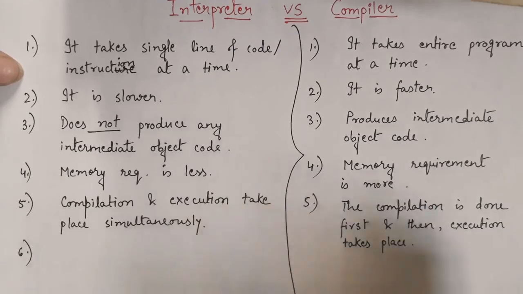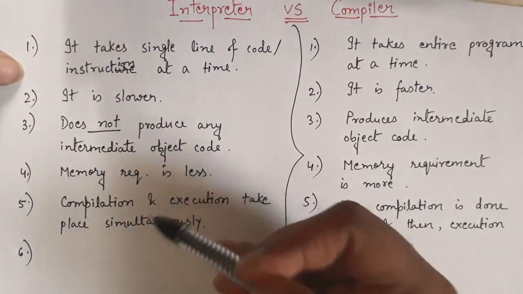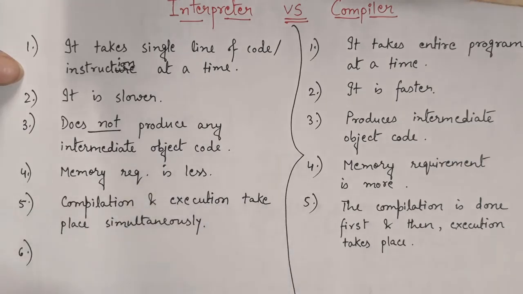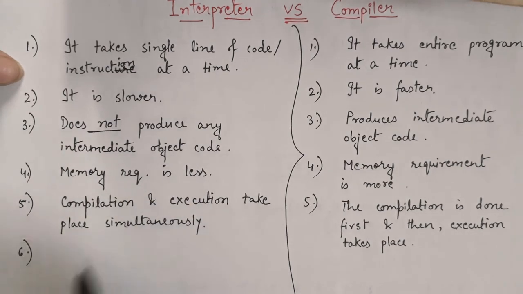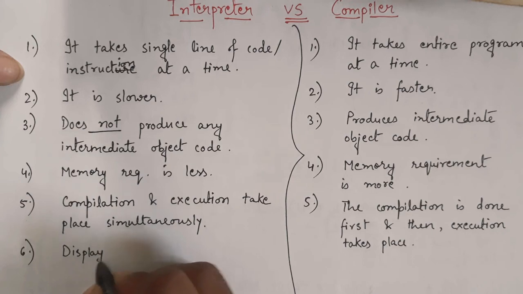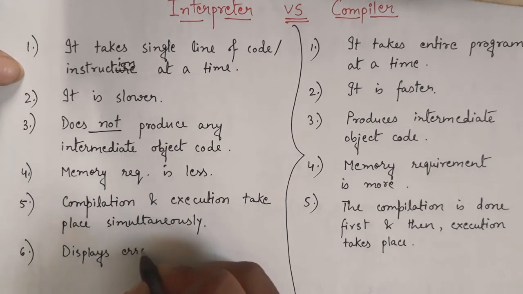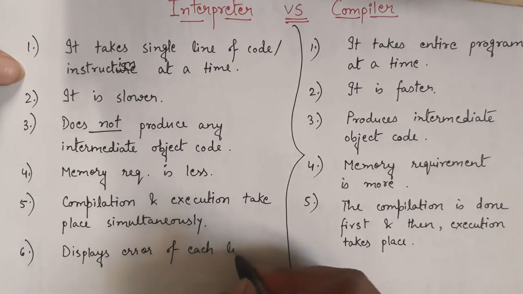I hope you got the difference, right? So we have seen, this point and the point I am going to write are interrelated. It takes the single line, it will compile and execute it, and so it displays error of each line one by one.